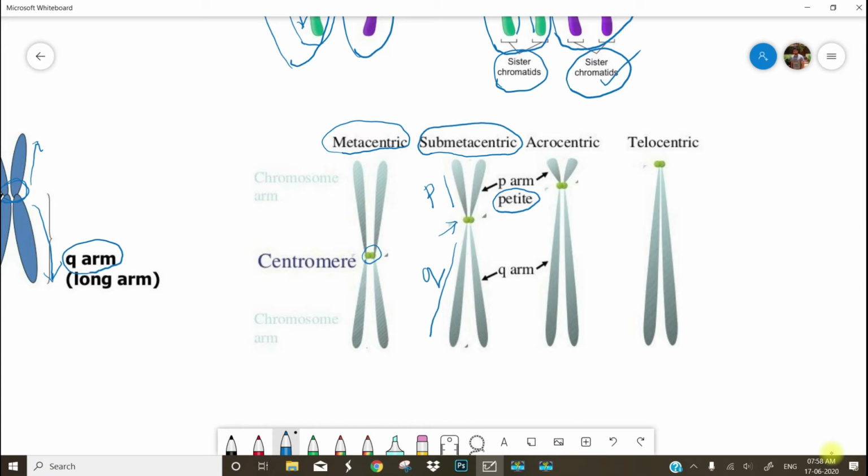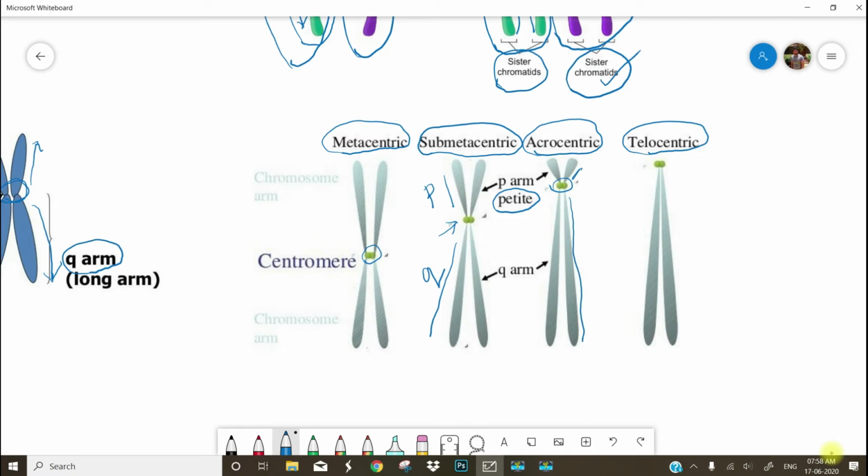And the third type is acrocentric. See, the centromere position is moving towards the end. It doesn't reach the extreme end, but almost. So here you can see the P arm or the short arm and a very long Q arm, right? And the fourth type is the telocentric chromosome.